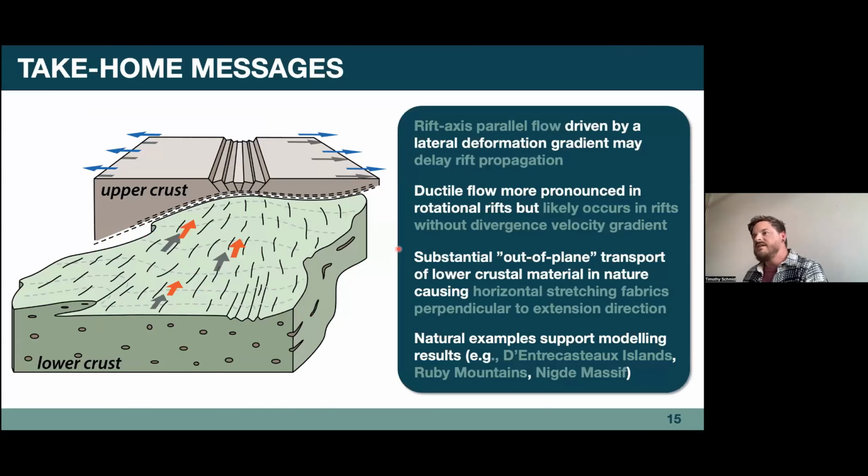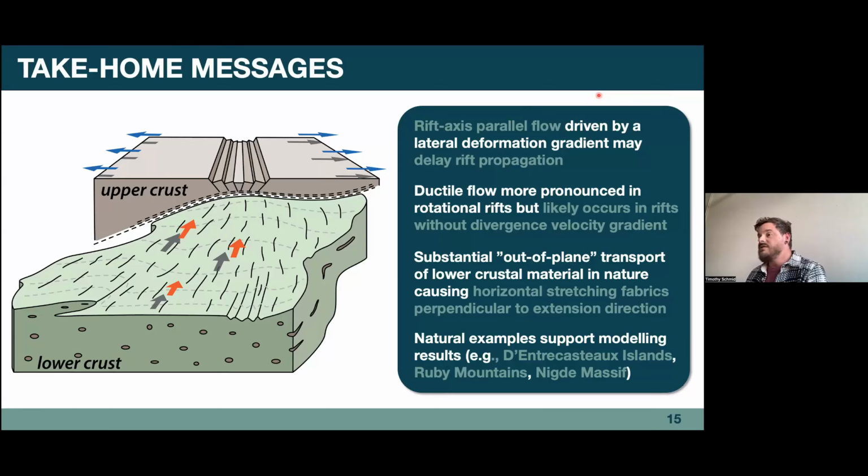So this has some implication for nature and also some take-home messages, or to summarize what we've seen before. What we saw is that this rift axis parallel flow is driven by this lateral deformation gradient, and it may delay the rift propagation, as we have seen in the top views.